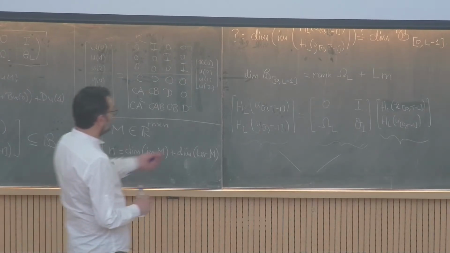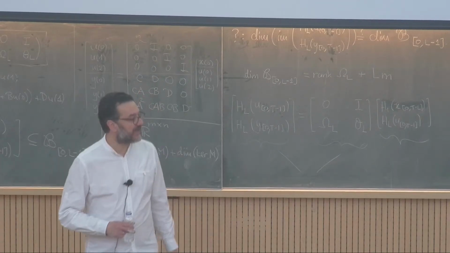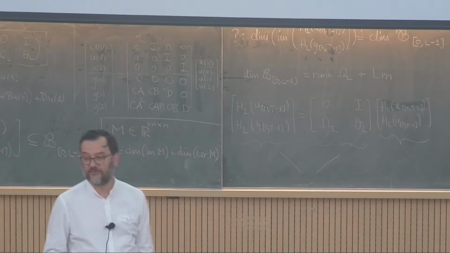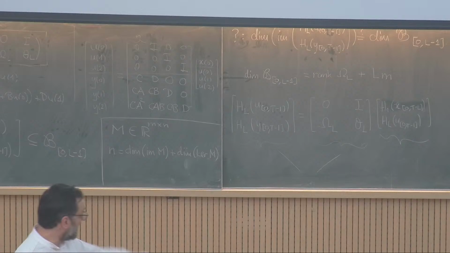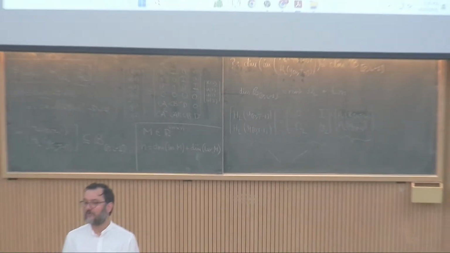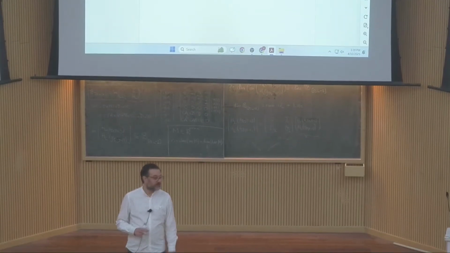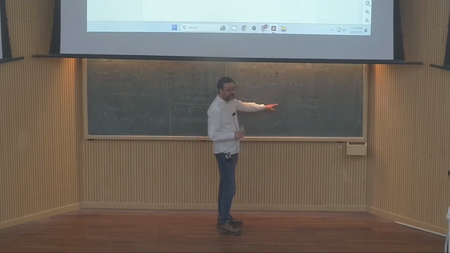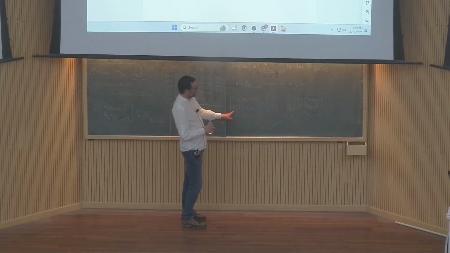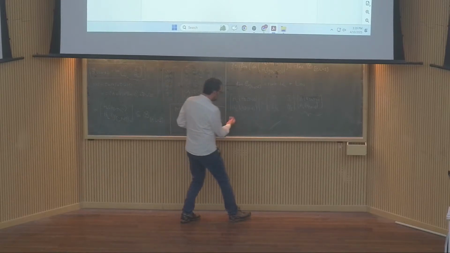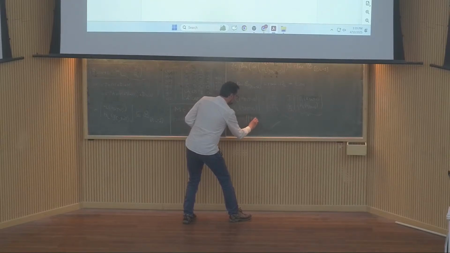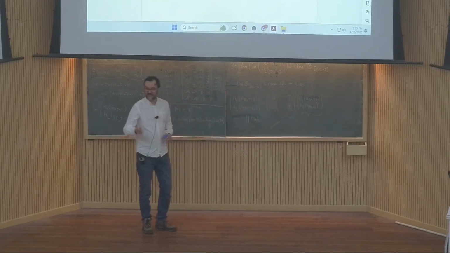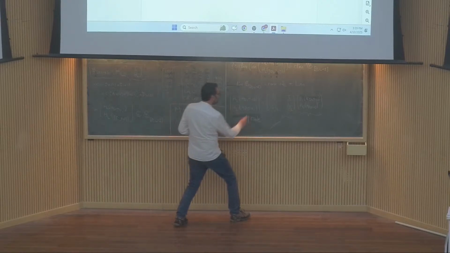And by looking at the transpose of these matrices, if necessary, from the fact that the very last matrix has full row rank, I can conclude that these two matrices must have full row rank, and therefore this matrix has rank equal to this exact term.